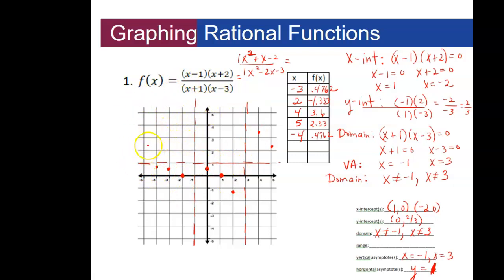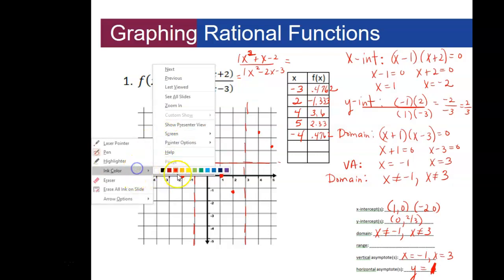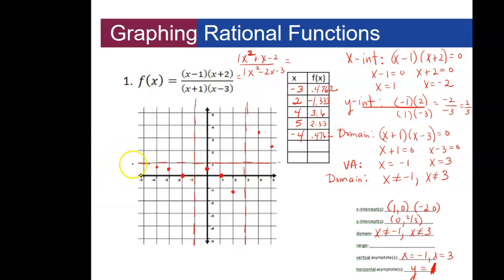So we can use our calculator and the points that we have, and let's go in and sketch a graph of this. I'm going to change my color here just to show. Okay, so we're going to get close to this asymptote. We're going to go through these points, and then we're going to come down and get close to this asymptote here as well. Getting closer and closer.